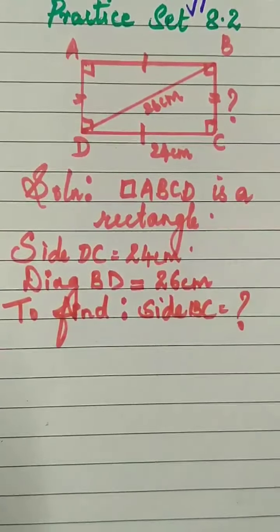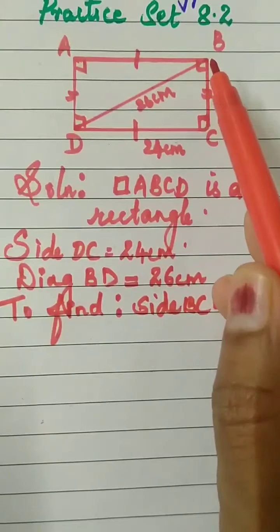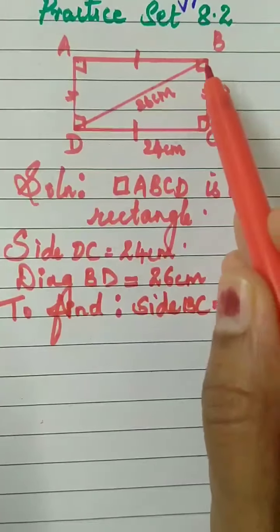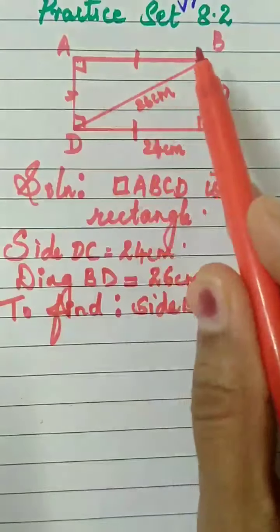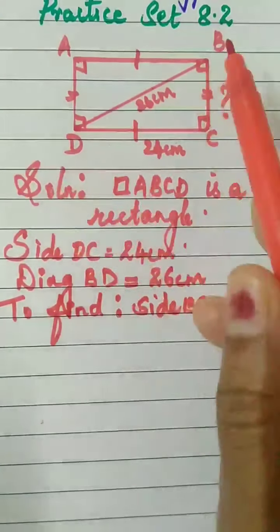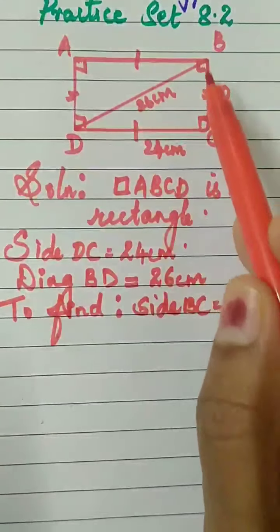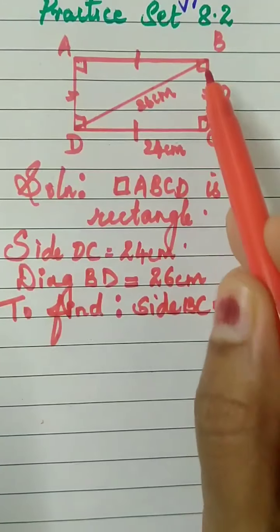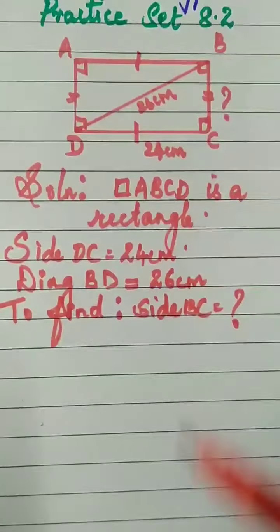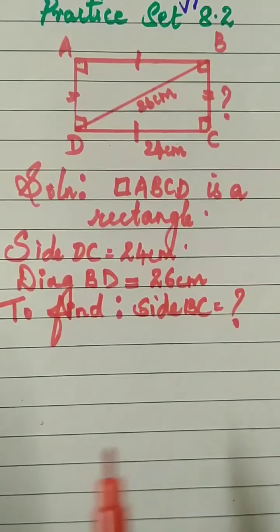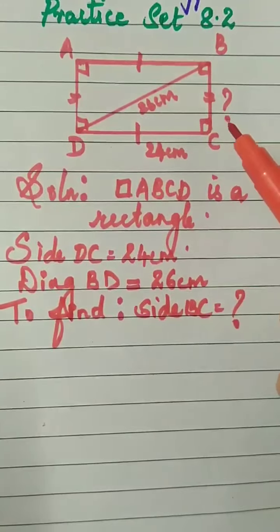Now as you all can see, this triangle BCD is a right angled triangle. So in triangle BCD, angle BCD is 90 degree. So this is a right angle triangle. And which is the theorem which is related to right angle triangle?